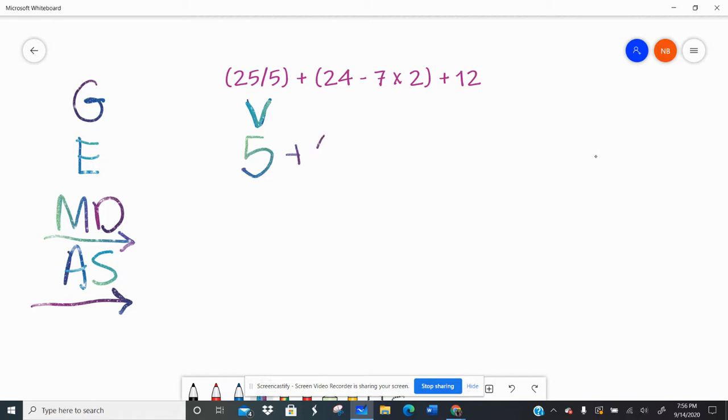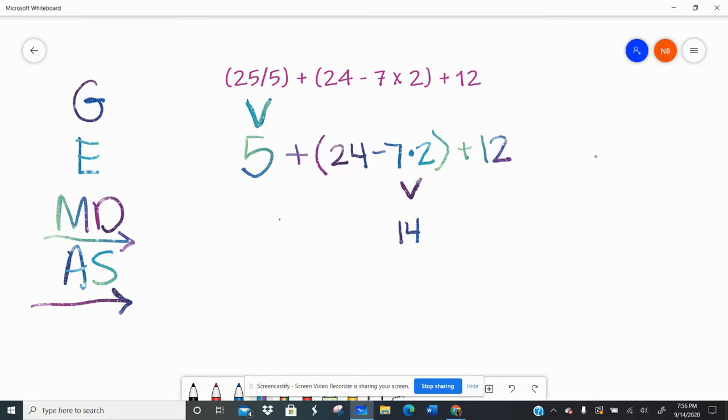And then I rewrite the problem: 24 minus 7 times 2 plus 12. I'm not quite done with grouping symbols yet, so I go to this middle portion, this 25 minus 7 times 2. I have to do the multiplication first, because inside the parentheses I follow the order of operations.